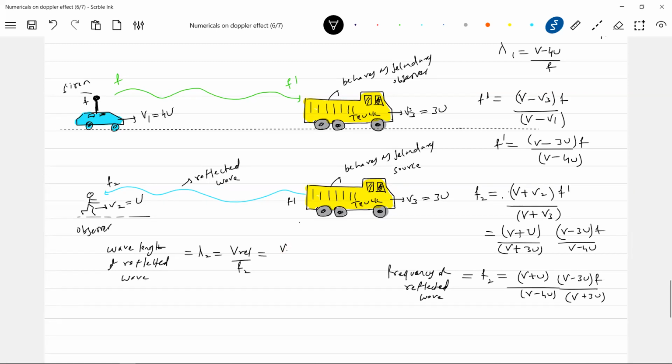Speed of the wave V minus of V2 minus of minus V. V2 is what? U plus V. What is F2? So the wavelength, what happened?